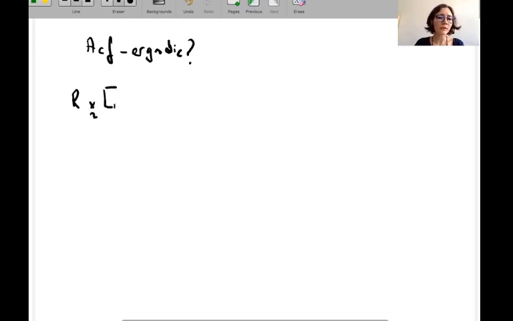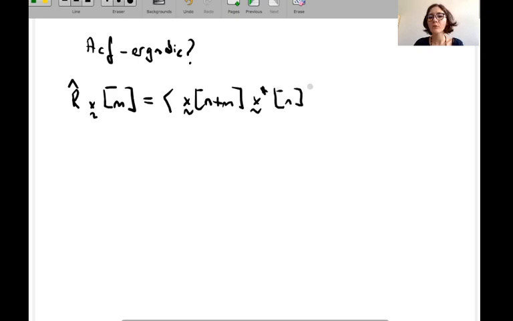To check the ACF ergodicity, you can use either notation. We're looking at the time average estimate of the autocorrelation function. This is the expression we have to compute. Let's take it easy and write down what it looks like.